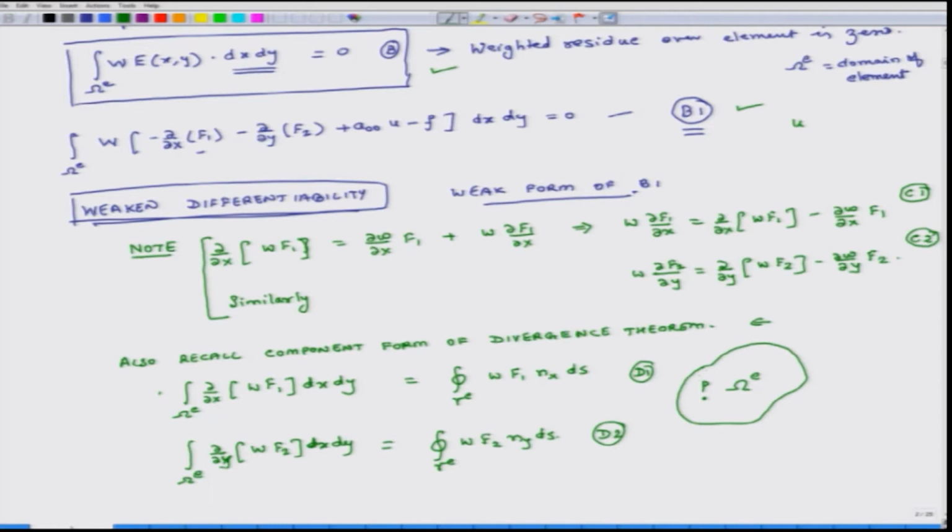This entire thing is the domain. Then that integral can also be evaluated by finding the value of w and f1 on the boundary. So, this is my boundary. I do not have to find all the values of f1 and w in the domain, but I can also calculate the left hand side by using the right hand side equation by finding the values of f1 on the boundary. So, let us say this is another point p2.